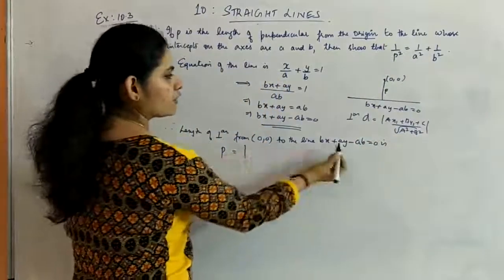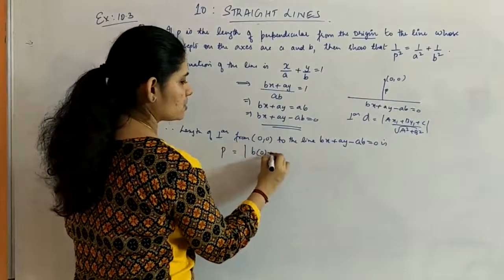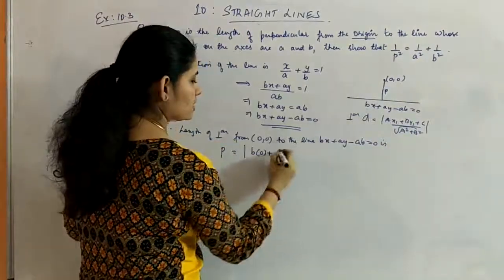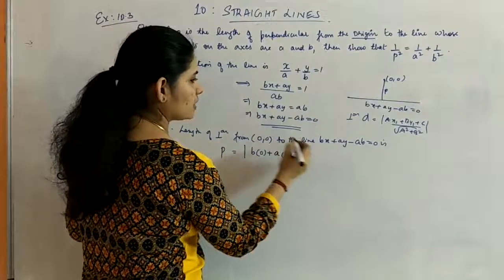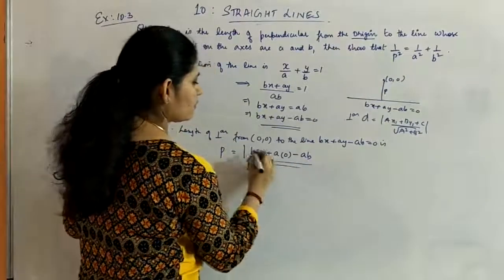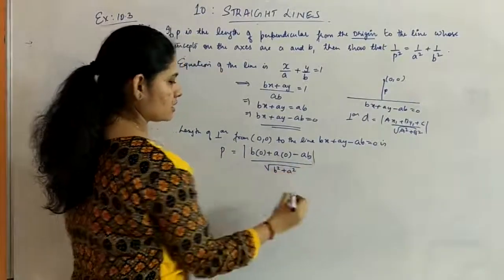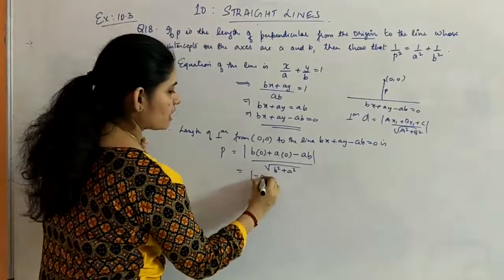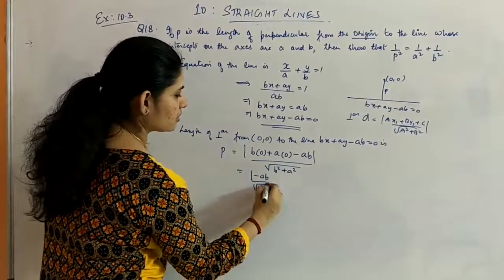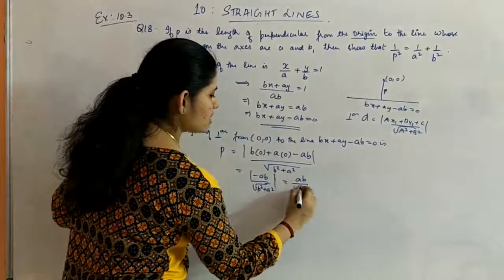So you will have, instead of a you have small b into 0, plus small a into 0, again y1 is 0, plus c which is minus ab, divided by root of the coefficients of x and y squared and added, so b square plus a square. So this becomes mod of minus ab by root of b square plus a square, or ab by root of b square plus a square, right?